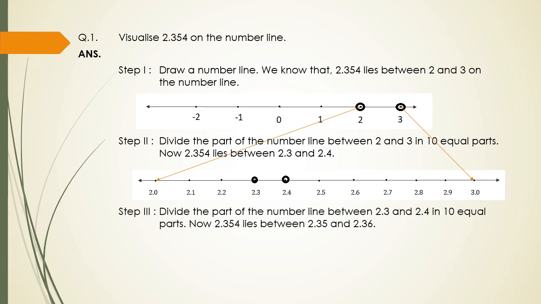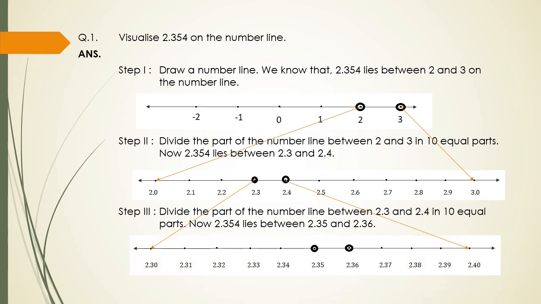Our step number 3. Now we know that the number 2.354 lies between 2.35 and 2.36, but this we will discuss later on. First of all, we will divide the number line between 2.3 and 2.4 into 10 equal parts. We start from 2.30 and end at 2.40, which is nothing but 2.3 and 2.4 only. This part we have divided into 10 equal parts, and we have given the numbers 2.31, 2.32, 2.33, 2.34 and so on up to 2.40.